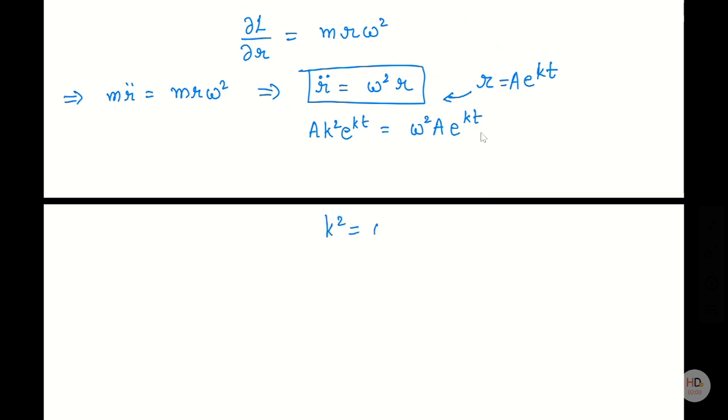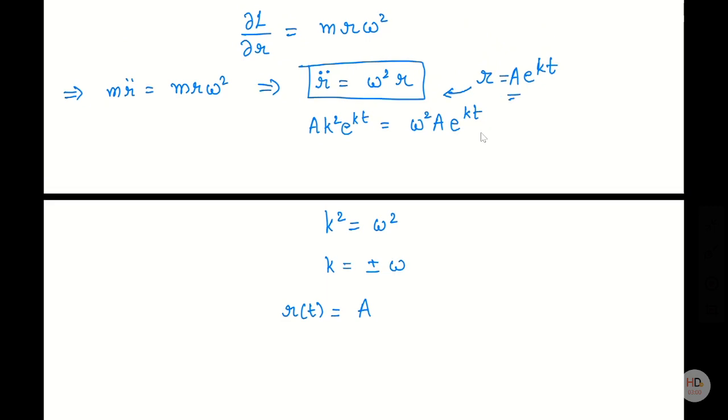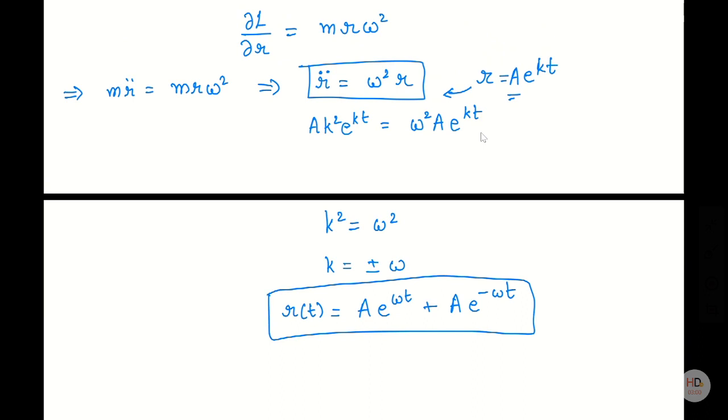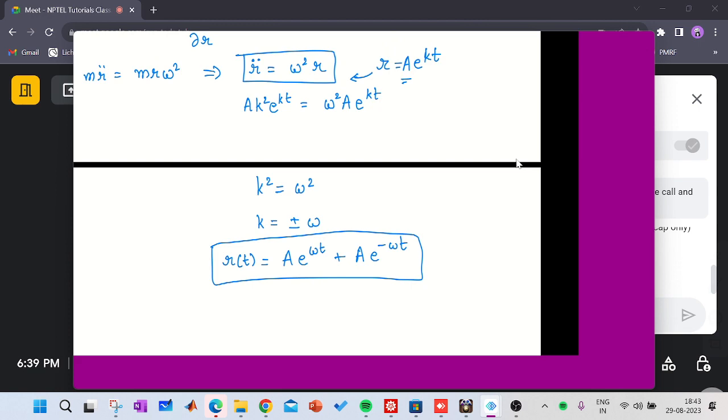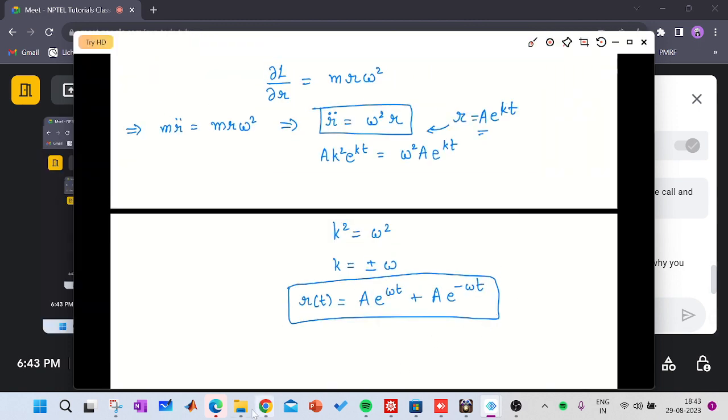You have k square is equal to omega square, which means k is equal to plus or minus omega. So your solution becomes r of t is some a, not the same necessarily, e to the power omega t plus a times e to the power minus omega t. Okay, so I believe that was the problem and this was the solution. Now tell me which part did you not understand.